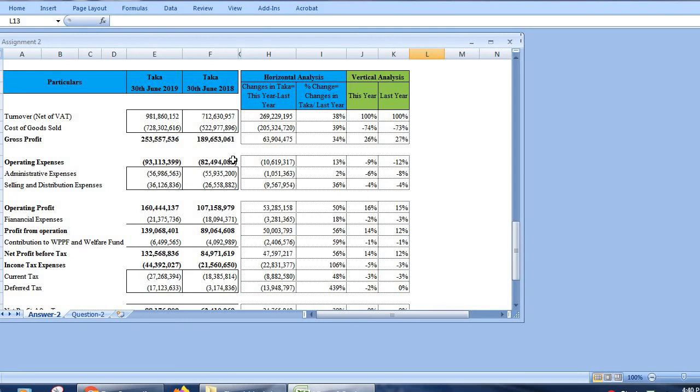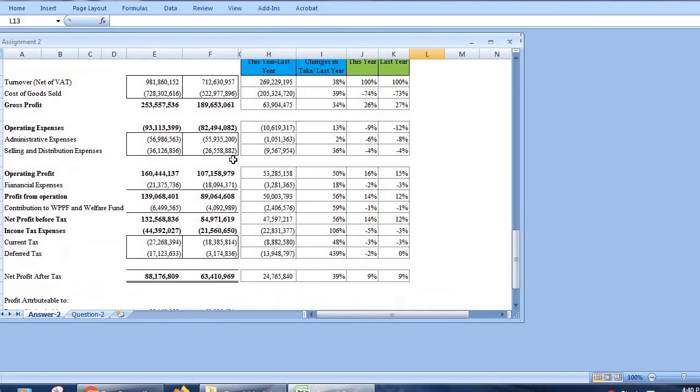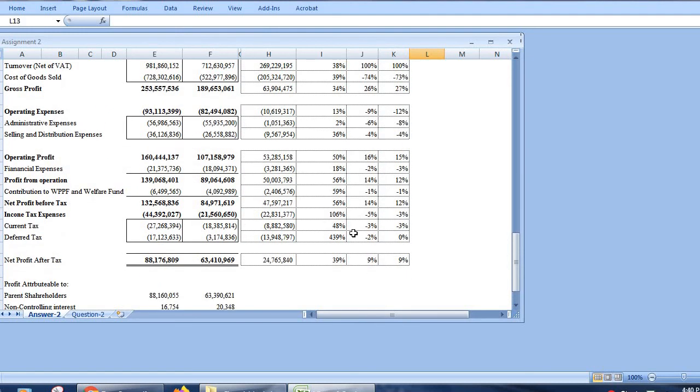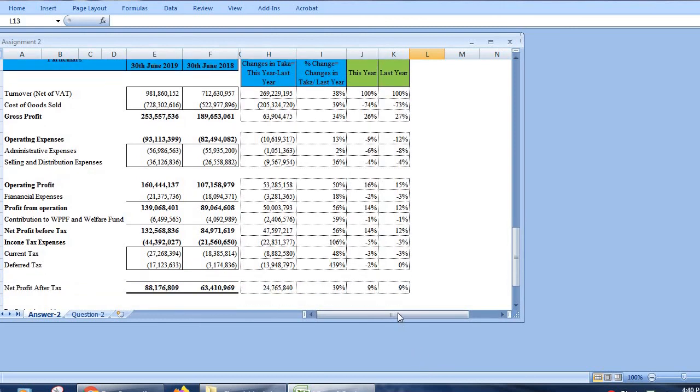In the above, we can see that the income and net profit after tax increased 9%. In the same year, this year and last year, the same percentage. In the year it increased 9% and 9%.